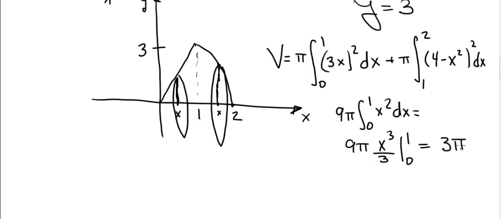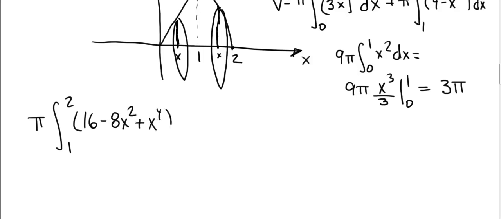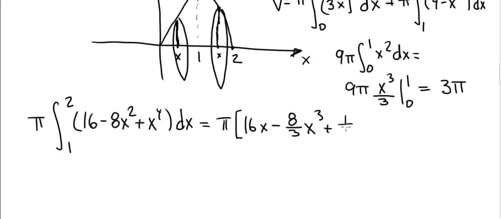And the second integral, we have to expand (4 minus x squared) squared. That gives us pi times the integral from 1 to 2 of 16 minus 8x squared plus x to the 4th. And this gives us pi times 16x minus 8/3 x cubed plus 1/5 x to the 5th evaluated from 1 to 2.